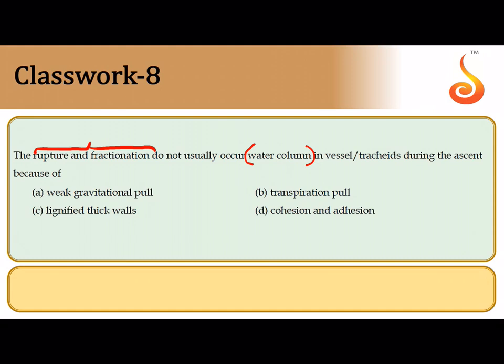What makes sure this water column is continuous and does not break? It is the cohesion and adhesion property of water. Cohesion means the water molecules exhibit intermolecular forces of attraction. Adhesion means attraction between the water molecules and polar surfaces, such as the wall of the xylem vessel.